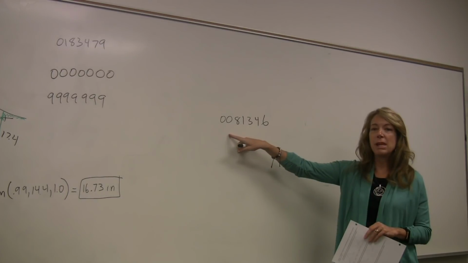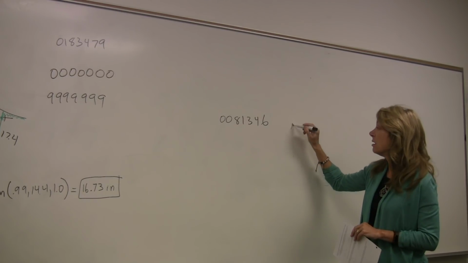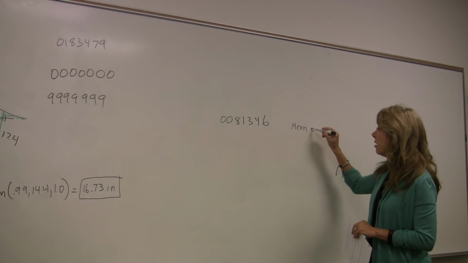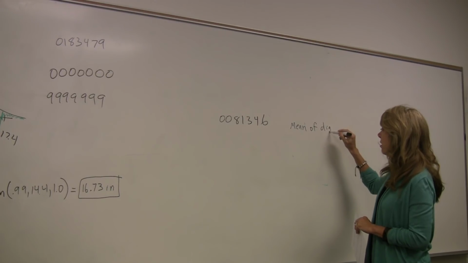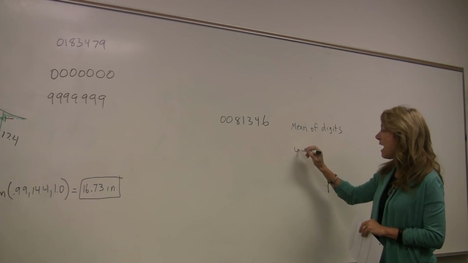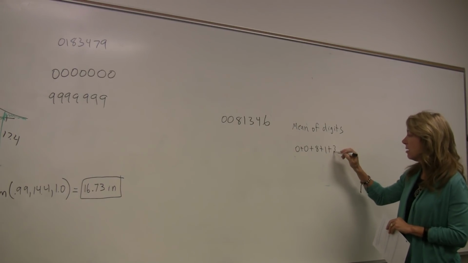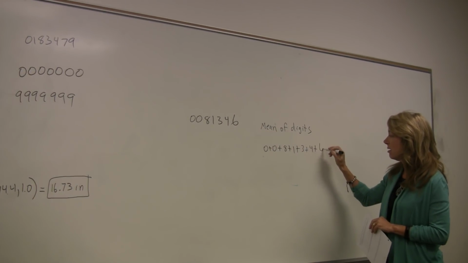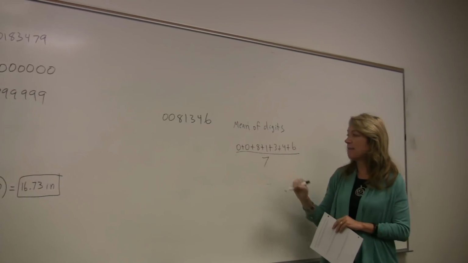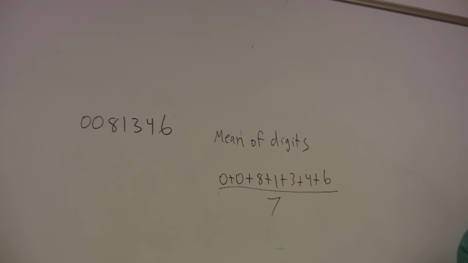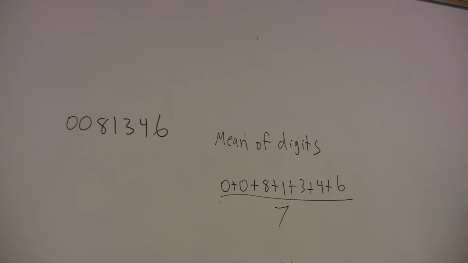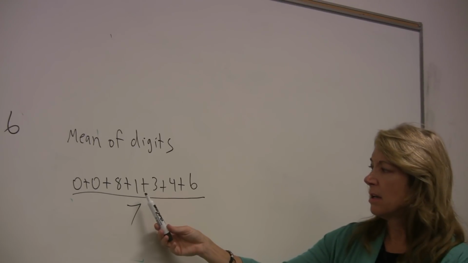If I find the mean of their digits, if I add up their digits, and divide by the fact that there's 7 digits there, this is what I'm talking about. If we did that, let's see what it comes up to be.